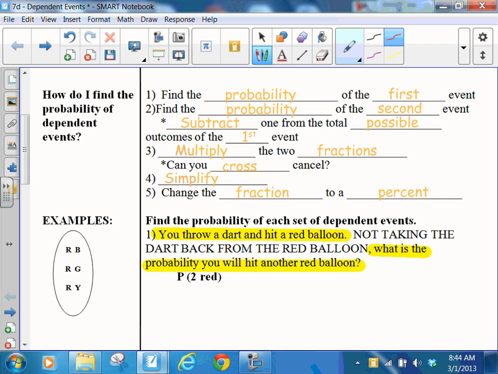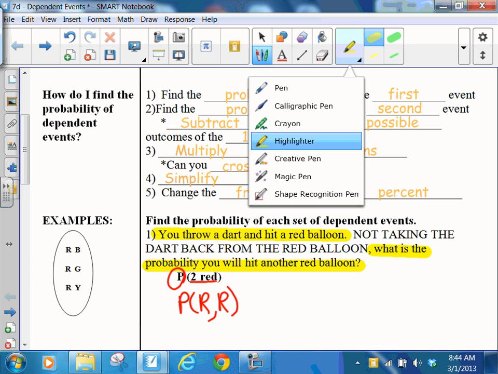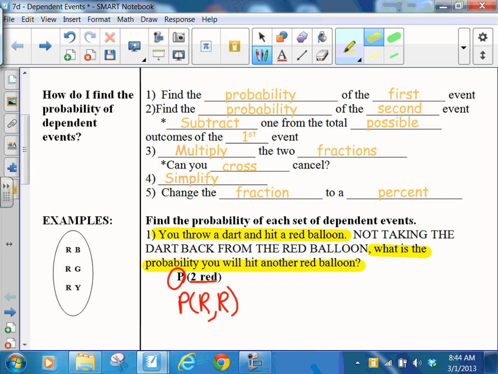So you have probability of 2 red. I would have written it probability red, comma, red. So we want the probability of hitting a red balloon. Remember that this is going to be our sample set right here.